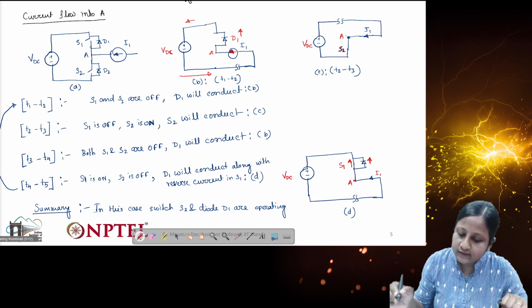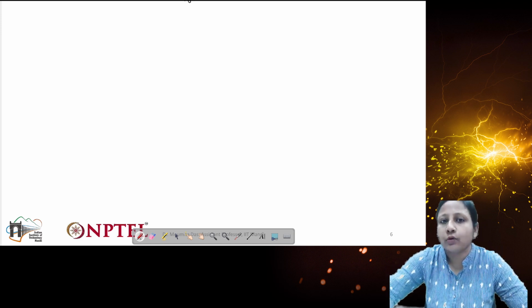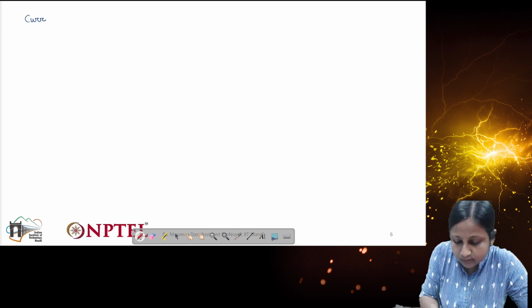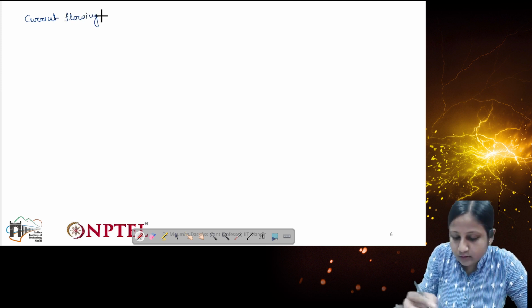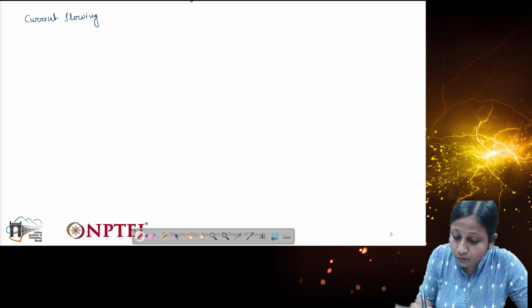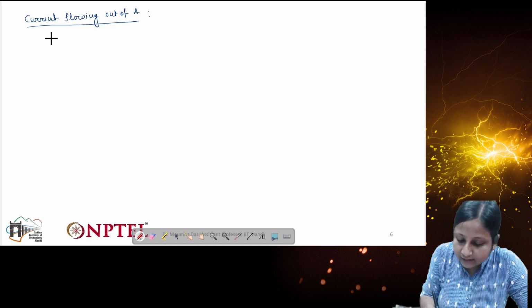Now next, I will be discussing something similar when the current is flowing out of phase A. So now if I draw the similar circuit, current flowing out of A. In the previous case you have seen flow into, so this will be flow out of A. How will this circuit diagram look?